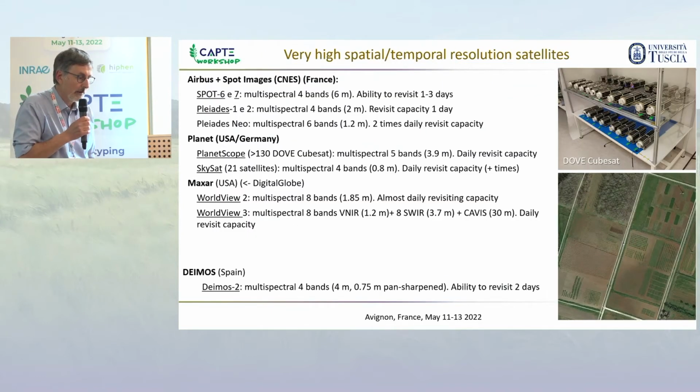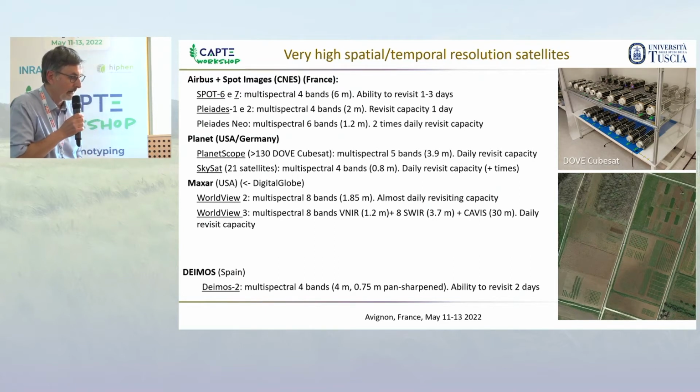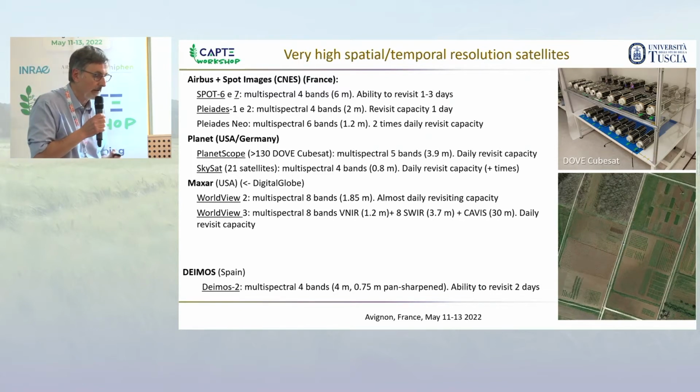It's already been mentioned that there is the possibility of using very high spatial and temporal resolution satellites, and some examples like Marie's also have been shown. So in theory, there is access, even with very high revisit capability of daily or even more.